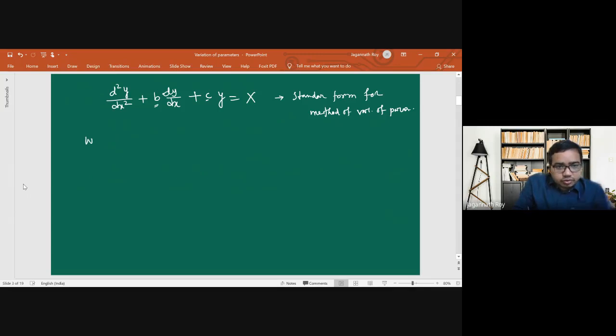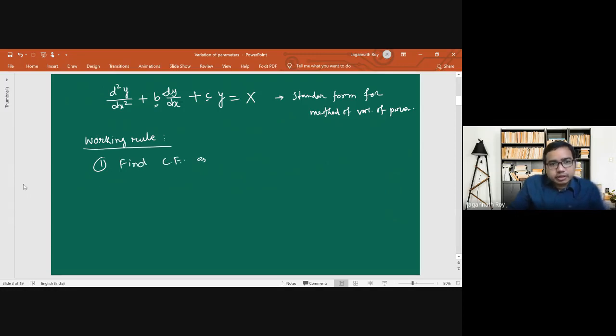Now, the working rule. First, find the complementary function.